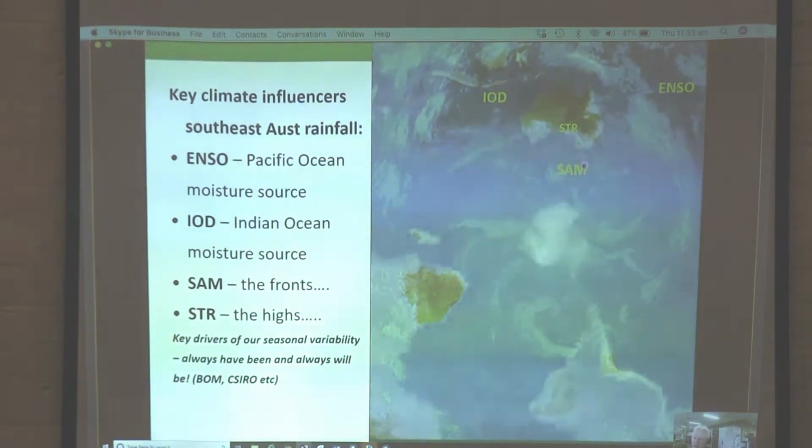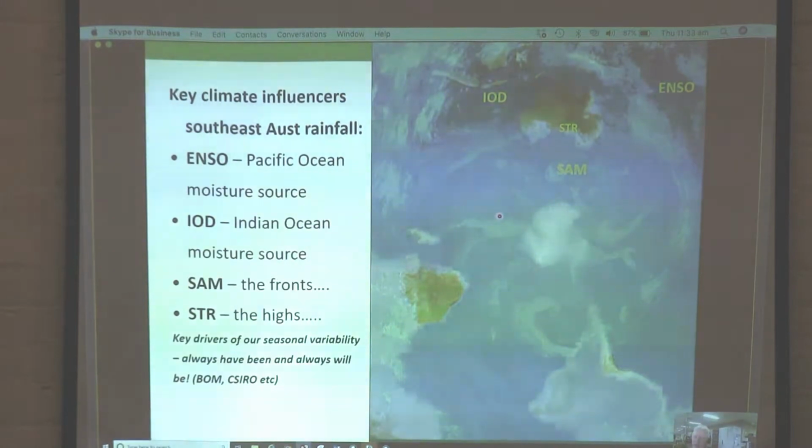You can see all of the cold fronts queued up in the Southern Ocean, and what drives them is these really strong winds. You might have heard of the Roaring Forties. That's the Southern Annular Mode, and it's a real driver for these cold fronts to flick their tails across South Australia. But the driest air on the planet is actually down in Antarctica. It's too cold for any moisture to be in the air.